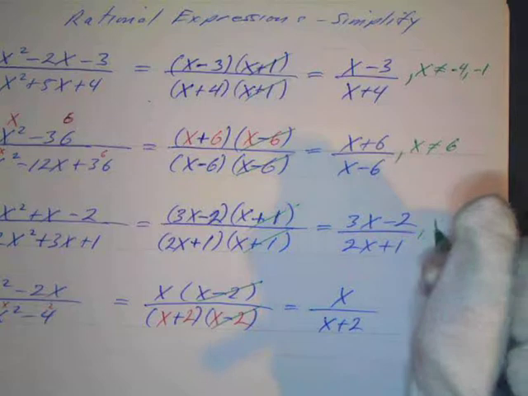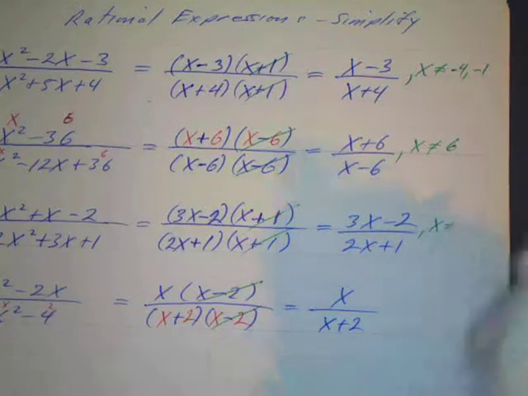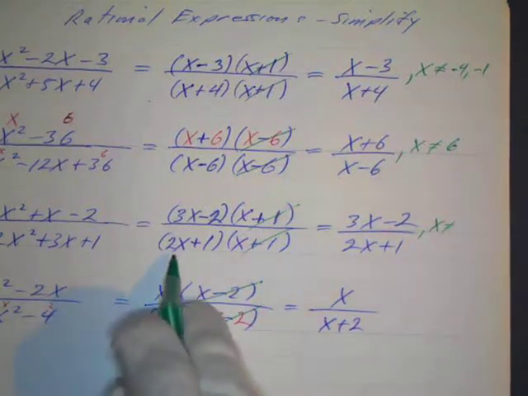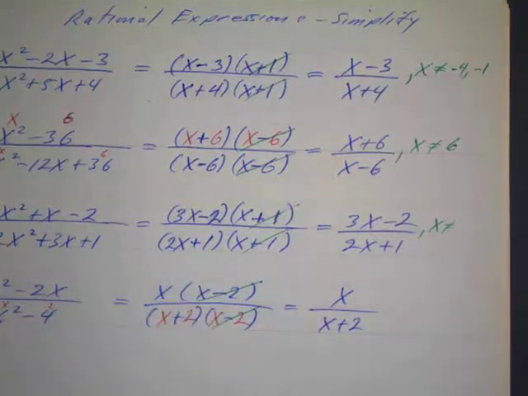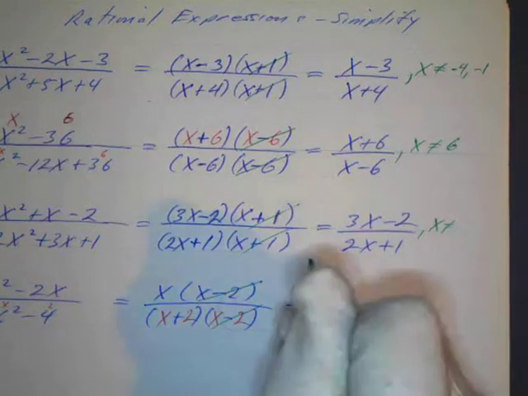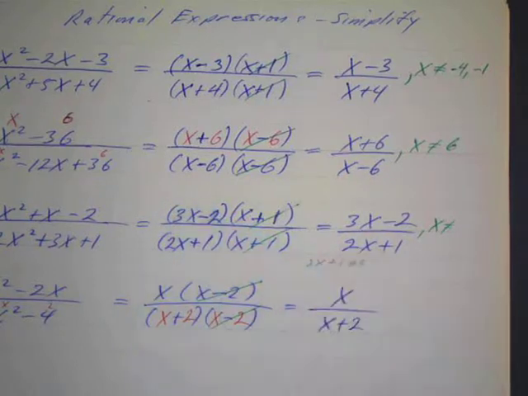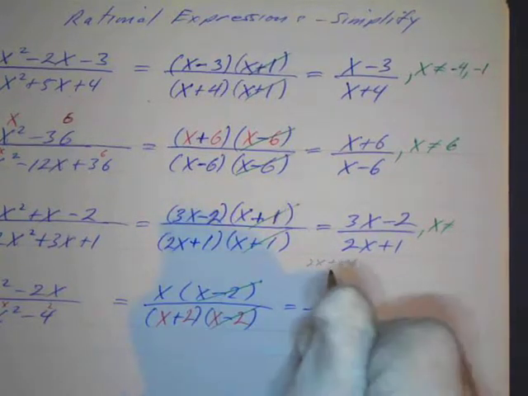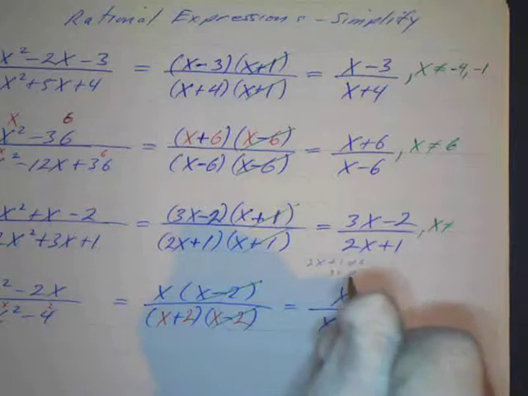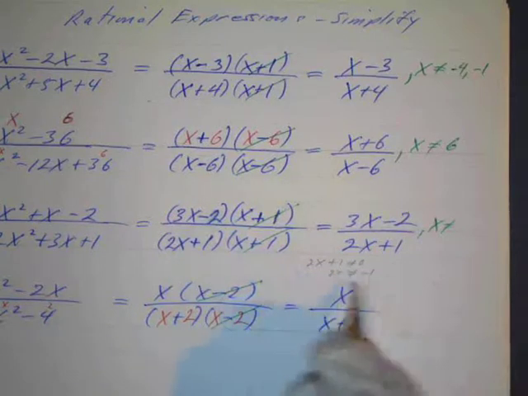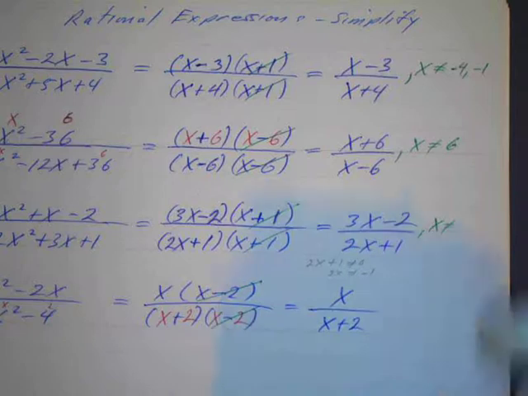So x cannot equal... And if you're not too sure, you could just always do a little equation. Say, well, 2x plus 1 cannot equal 0. Then if I subtract 1, 2x cannot equal negative 1, and then if I divide both sides by 2, x cannot equal negative 1/2.